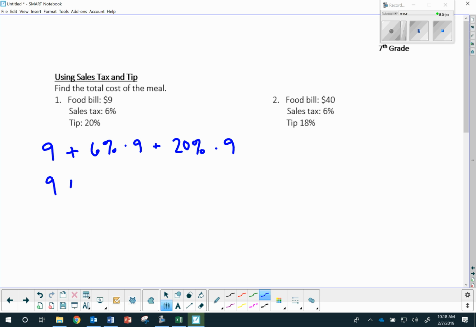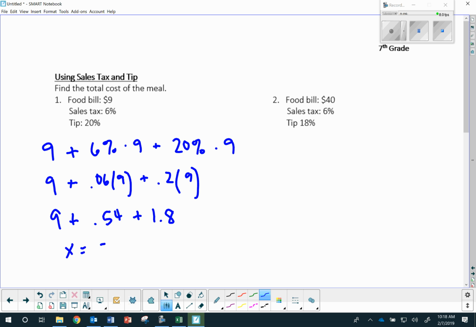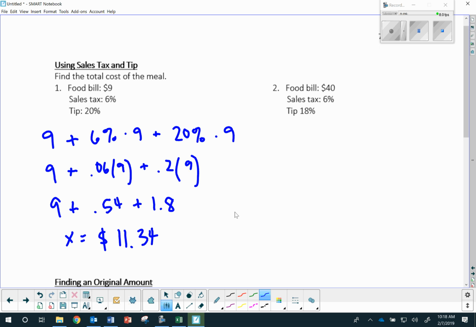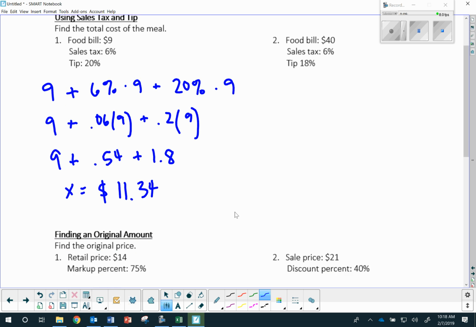So 9 plus 0.06 times 9 plus 0.2 times 9, which is 9 plus 54 hundredths plus 1 8/10. So the total bill equals $11.34. All right, I'm going to have you try number 2. Again, you're calculating what your total bill would be, including that tax and tip percentage.